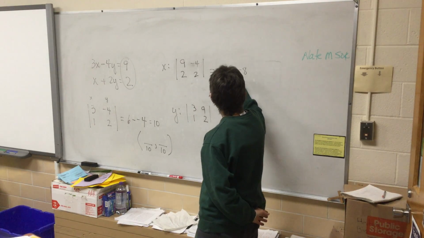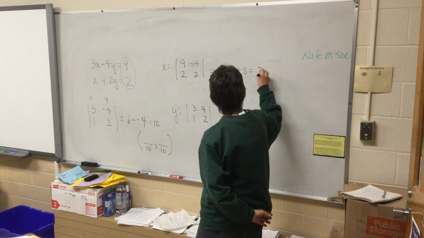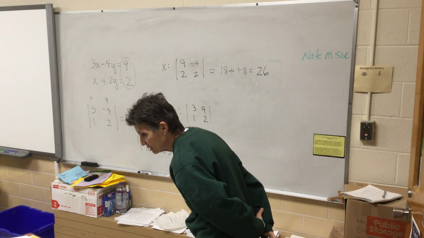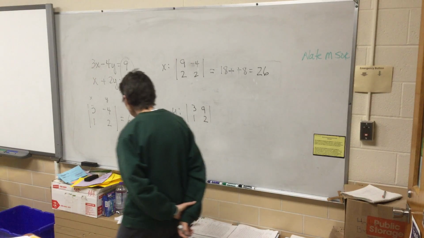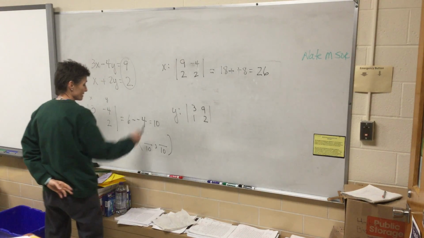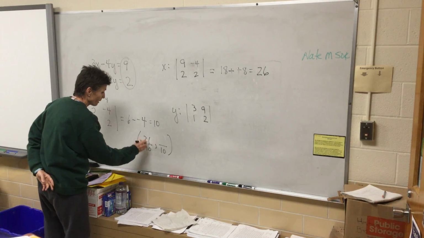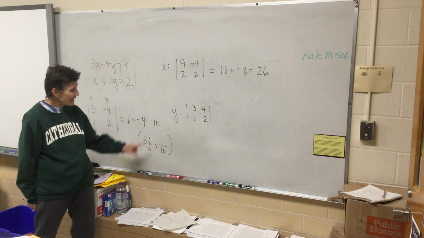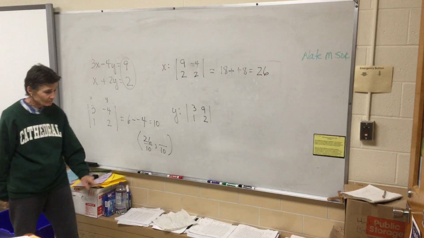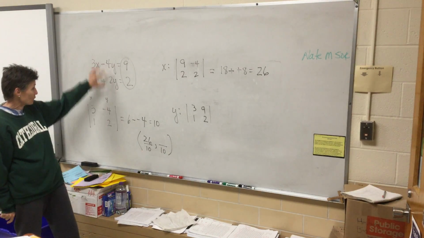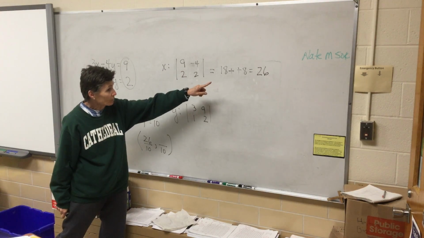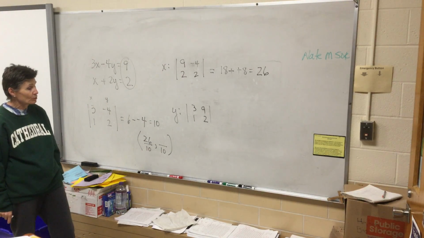Right, and you add that. So that'll be 26. And that 26, that was my x, so that goes in the numerator of my x answer. Remember, the 10 is the denominator, the original 10 that I found from the coefficients. But that was my x work, so that gives me 26 for the numerator.